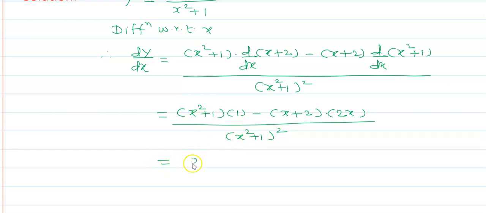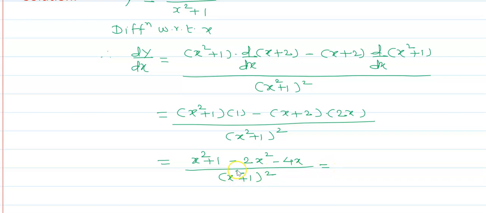Now the simplification. x square plus 1, 2x into x, then you will get minus 2x square, 2x into 2 minus 4x, this divided by x square plus 1 bracket square.